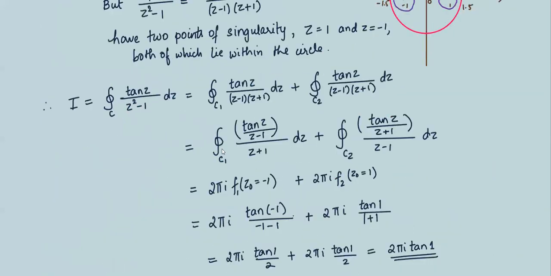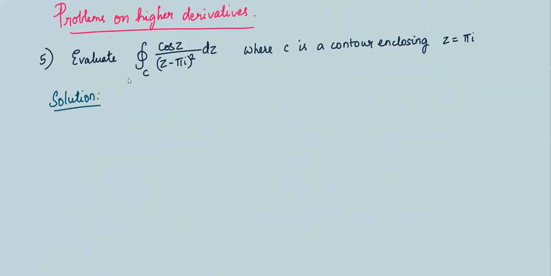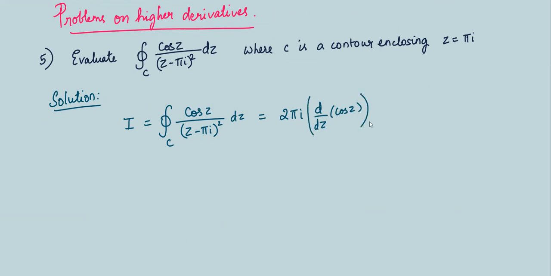So by Cauchy's integral formula, the integral of cos z by (z minus pi I) whole square dz is 2 pi I times the first derivative of cos z at z equal to pi I. This is the f dash z naught term.